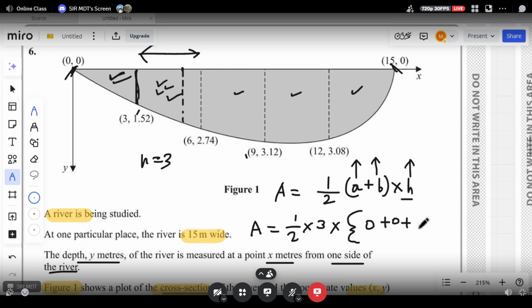That's why we need to multiply 2 times the rest of the heights. What are there? 1.52 plus what? 2.74, then 3.12, then 3.08. That's it. This is the trapezium rule.